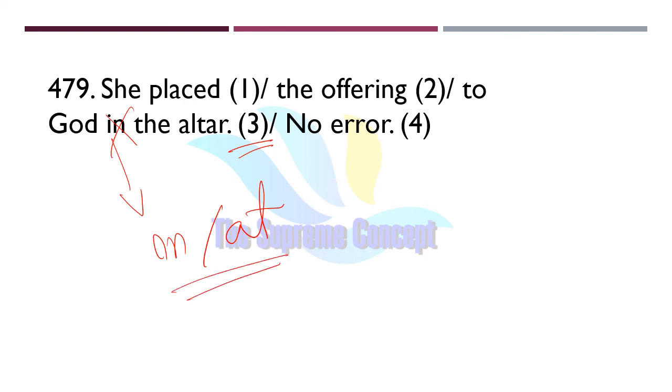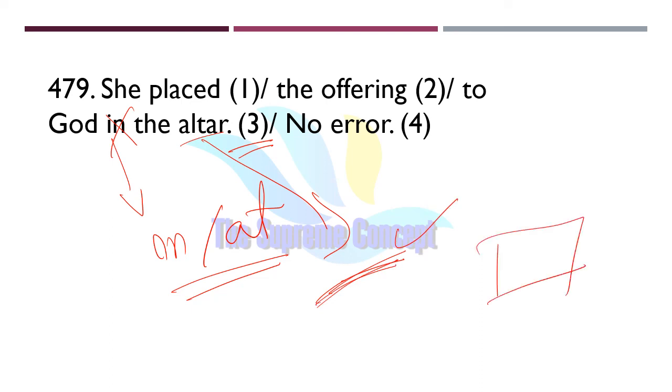So she placed the offerings to God on the altar. Altar means a raised structure before God, where we sacrifice our gift to our omnipresent, omniscient God. It's a kind of table, we can say, a raised structure. This is the altar before God.